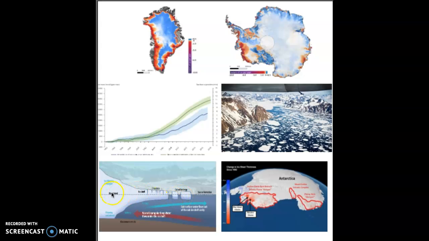It's holding back the ice sheet. So it's like a ram that you put in front of something, or a block that you put in to hold it back. And so this ice shelf here is holding the ice sheet back from moving out towards the ocean. But you can see here that the ice shelf is melting from below, and so it's rapidly eroding.